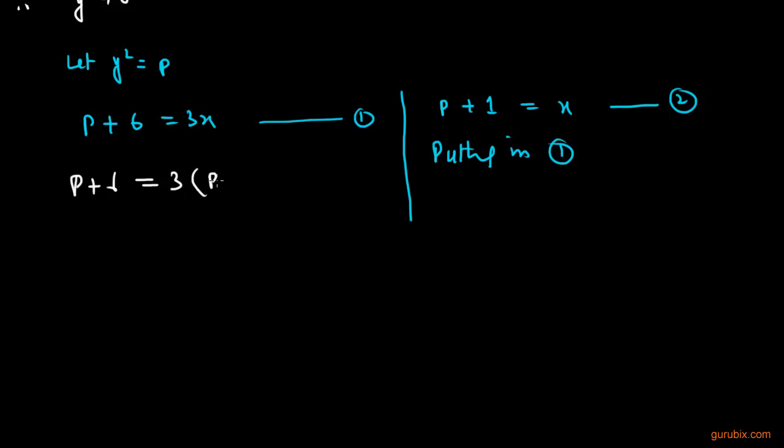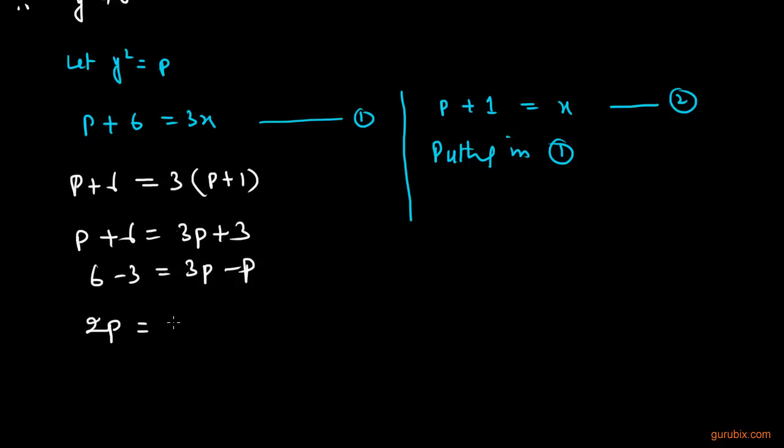That is p + 1. And we solve it, then it will be 3p + 3, and here is p + 6. Then we get 3p minus p, 6 minus 3. This means 2p = 3. This means p = 3/2.